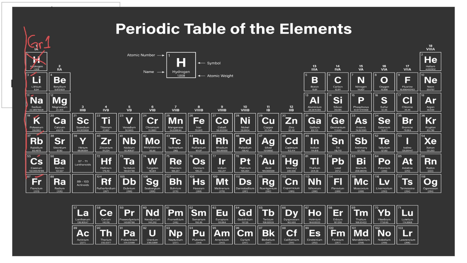Hydrogen is not a group 1 element. Then group 2 are beryllium, magnesium, calcium, barium, and then radium. All of these elements here, we call them group 2 metals. These are group 1 metals from lithium downward.